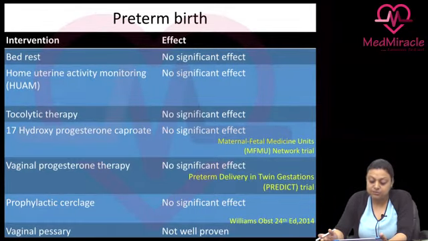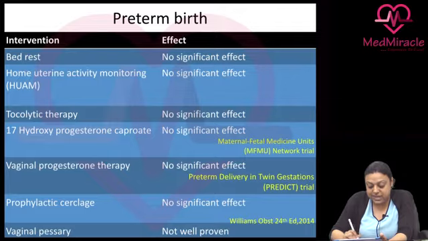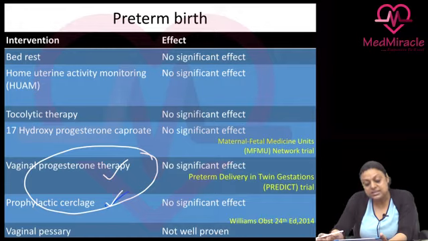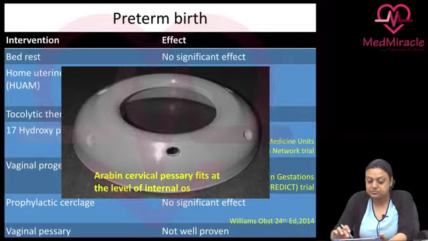In twin pregnancy, prophylactic cerclage or vaginal progesterone therapy are not significant, though they are significant in singleton pregnancy. What is significant to prevent preterm birth in twin pregnancy is an Arabin cervical pessary. Cervical pessaries work in twin pregnancy.